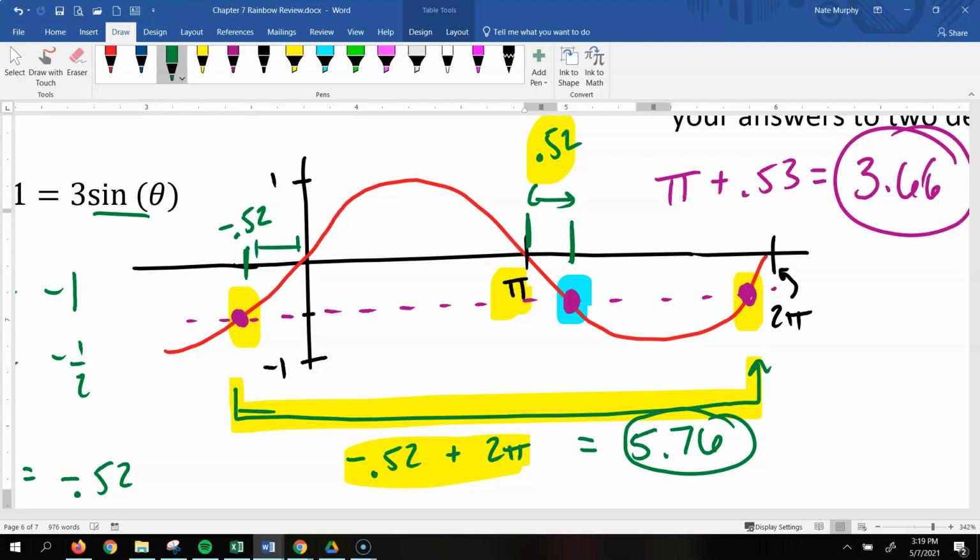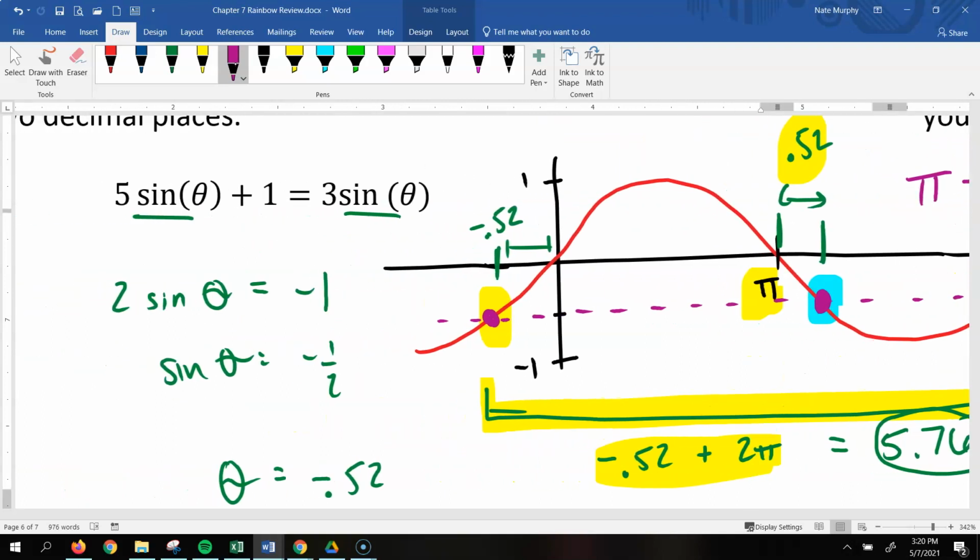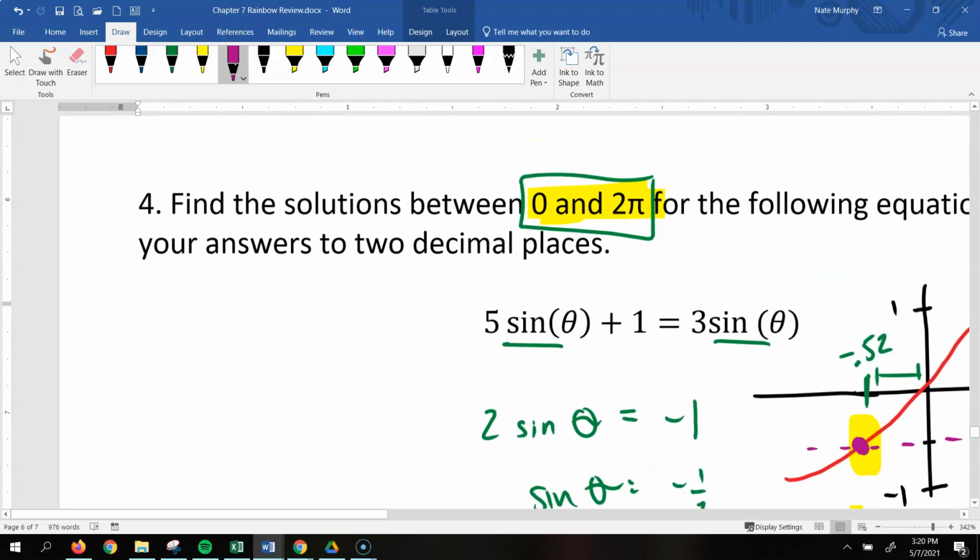So that's just 0.52 units past pi. If I take pi plus 0.52, that gives you your other solution, which would be approximately 3.66. Those would be our two solutions, 3.66 and 5.76. So that's how you do number 4.